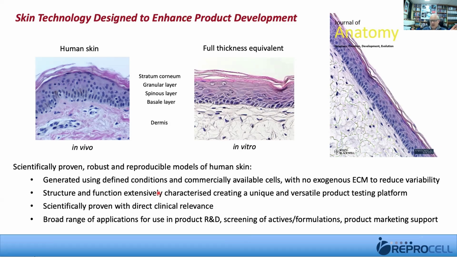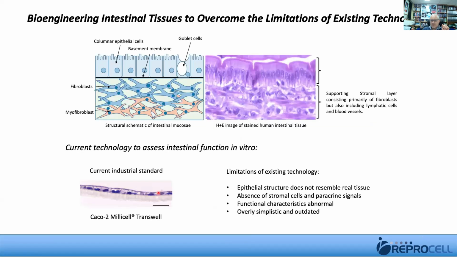So the skin model is made with primary keratinocytes and fibroblasts, whereas the intestinal model is utilizing an existing cell line. So CACO2 is used commonly in industry, and it's often used in trans wells.